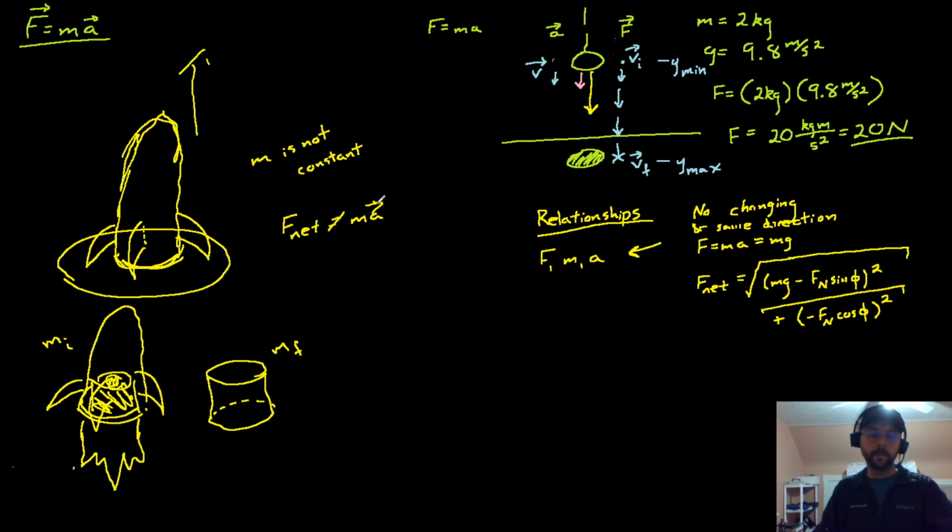Oops, I didn't make that a vector, so let's not make this a vector. And that's just because the mass changes. So maybe you could say the net force equals the sum of the masses times the acceleration. Maybe that's a fair way to say it.